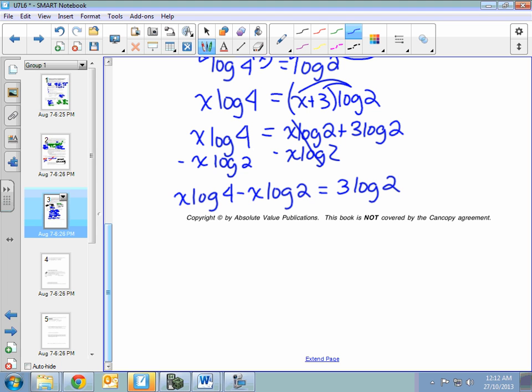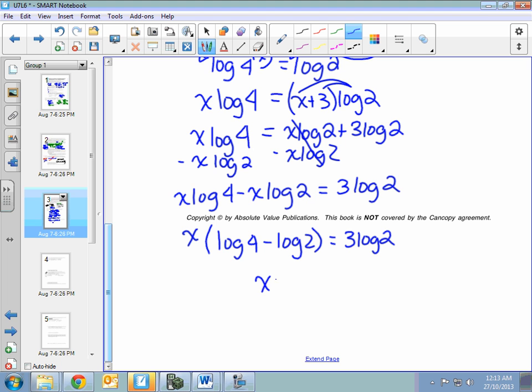Now that I have x's on the one side, numbers on the other, let's factor out the x. So if I factor out the x, I'm left with log of 4 minus log of 2 equal, and I still have 3 log 2 on the right-hand side. I have x being multiplied to all these logarithms, so let's divide.